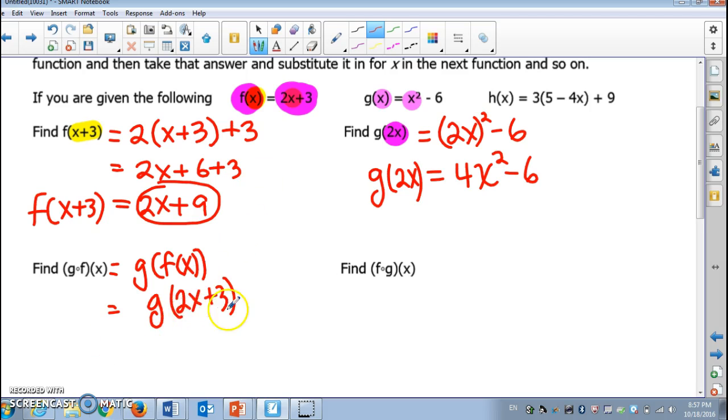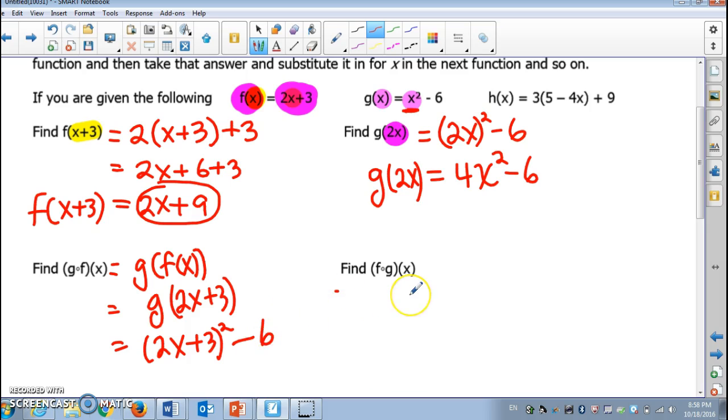Now we are going to replace x with this 2x plus 3. So we have 2x plus 3 squared, then minus 6.